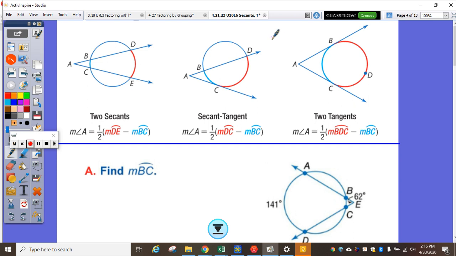All right? But with subtraction, you have to make sure that you subtract the smaller arc from the larger arc so that you ensure you get a positive number. If I subtract the larger from the smaller, I'm going to get a negative number and a negative angle, and that doesn't work out very well for us.